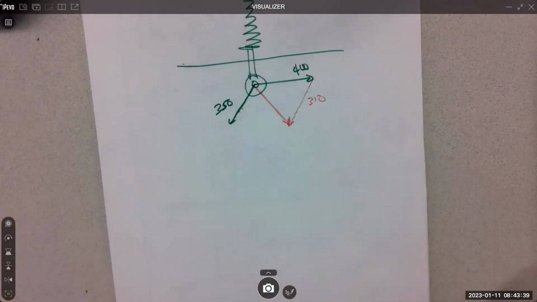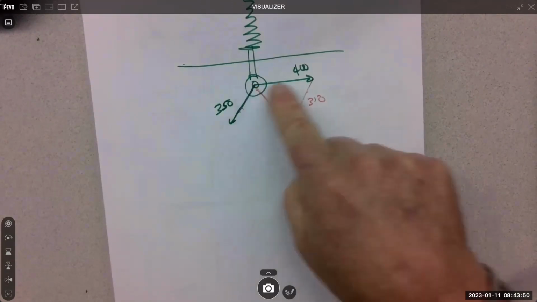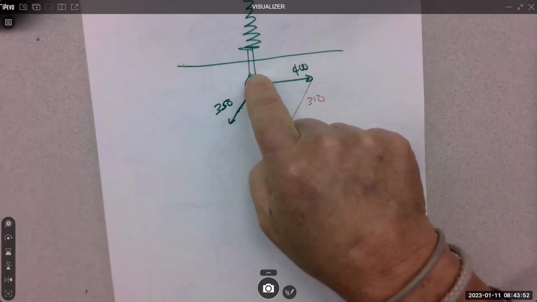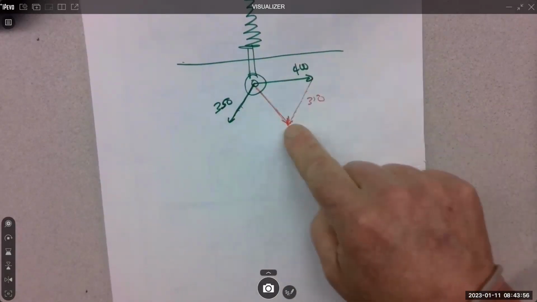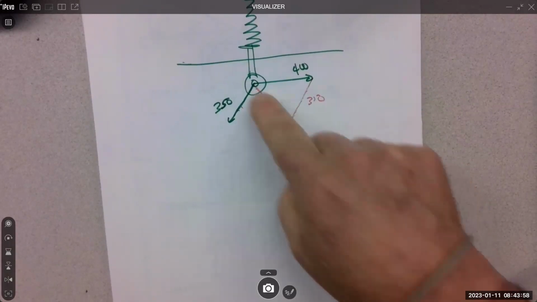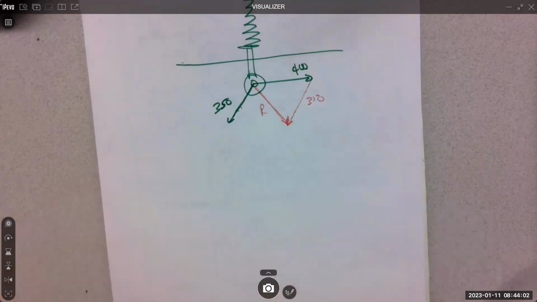So again, my angles are slightly off, but that is the way you add vectors together. You put them together tip to tail, even though they're tail to tail right here, because that's how it's applied to the eye bolt, right? But when I pull the vectors out away from the system, I can add them together tip to tail to get what's called the resultant or the single effect, right?